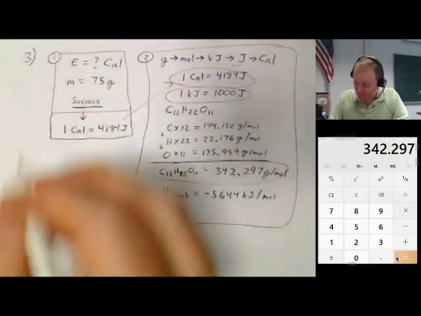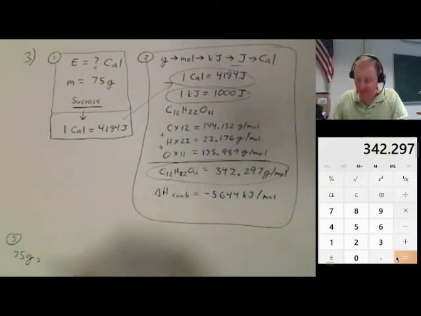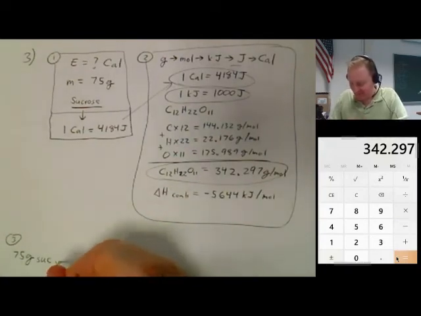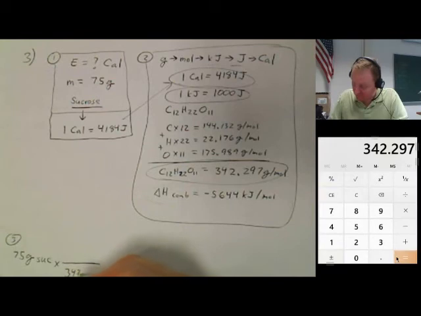So I'm starting off with 75 grams, and I'm going to abbreviate sucrose because it is a very long formula, so I'm going to put SUC for sucrose. The molar mass of sucrose right here, we say that there's 342.297 grams of sucrose per 1 mole of sucrose.